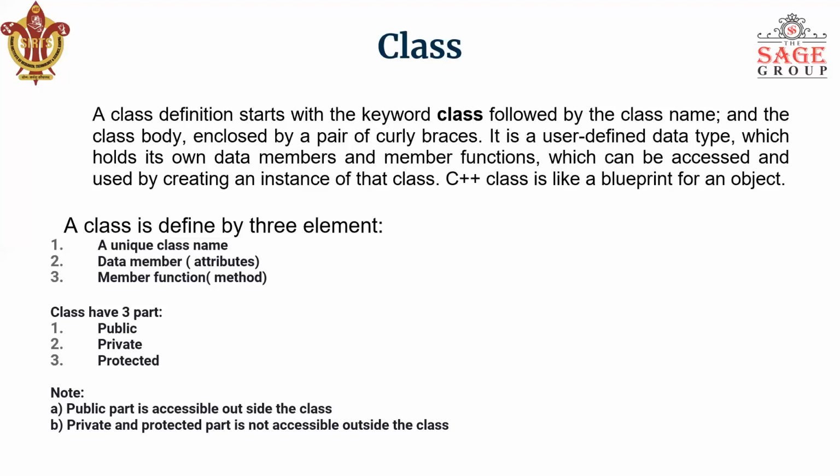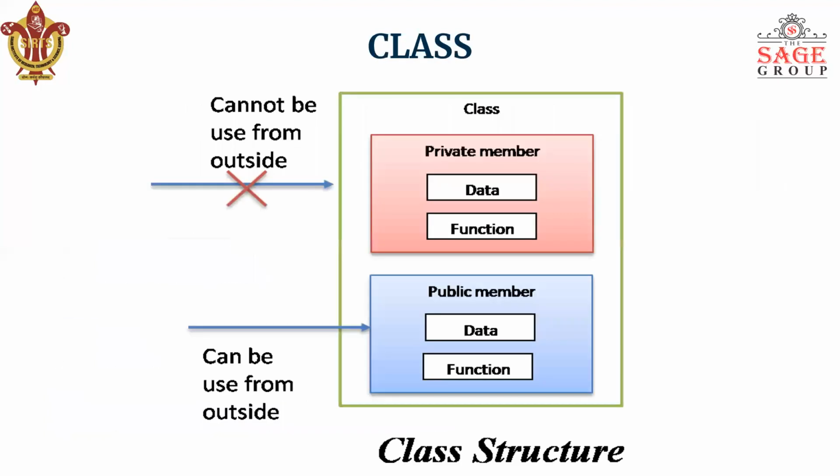We have clearly mentioned in the note that the public part is accessible outside the class, but the private and the protected part is not accessible outside the class. Basically, class is a user defined data type, and it is one of the most important features provided by the object oriented programming methodology.